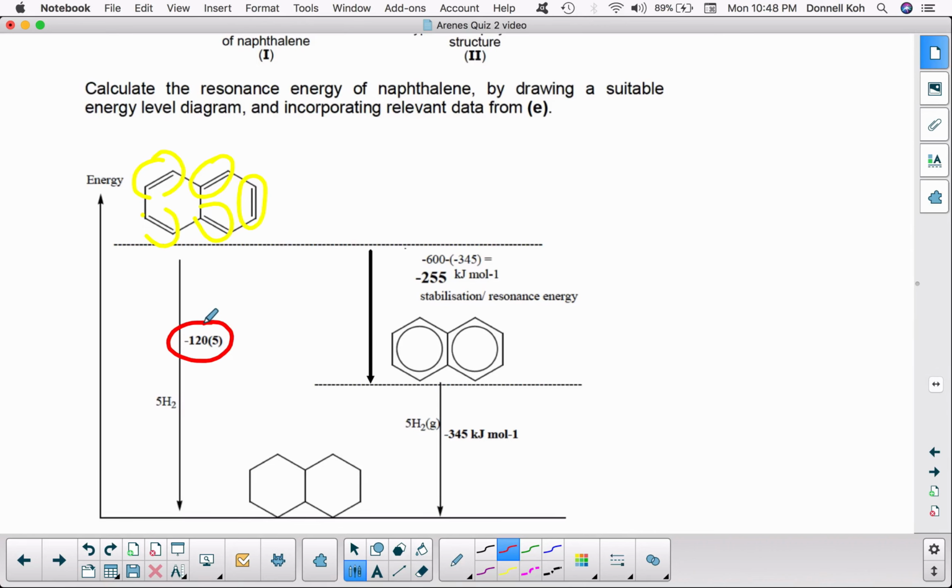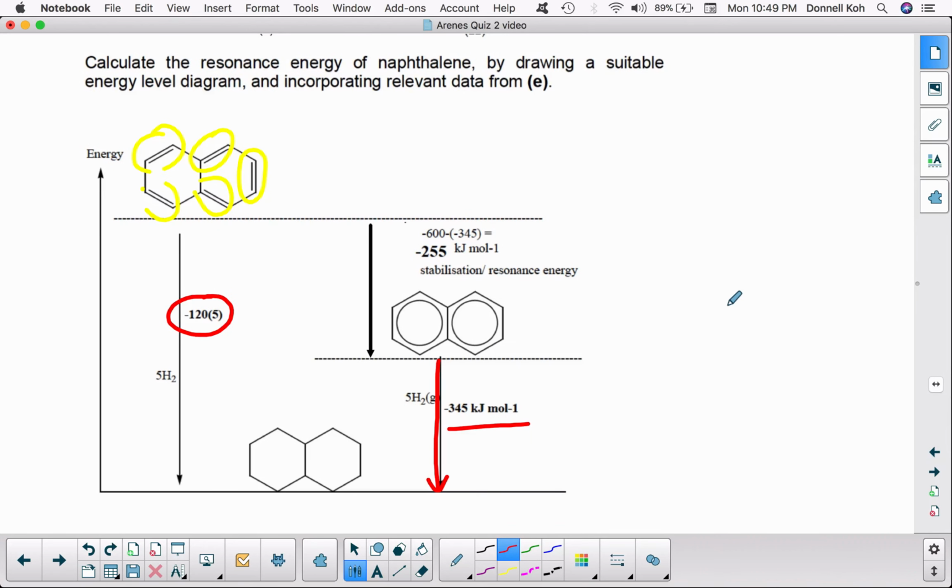And the hydrogenation of naphthalene was given to be minus 345. So the resonance energy is the energy difference between the actual structure of naphthalene and the theoretical polyalkene structure over here. So this is the resonance energy, right? You take the difference, it'll be minus 255.